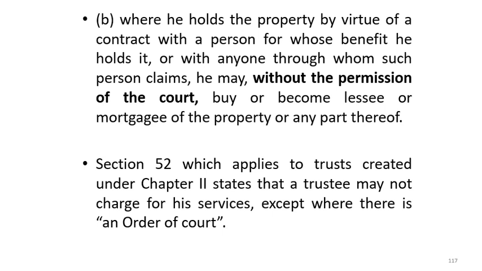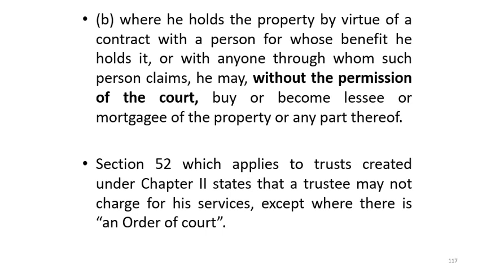Section 52, which applies to the trust created under chapter 2, states that trustee may not charge for his services except where there is an order of the court. Charge for service in the sense it may be remuneration.